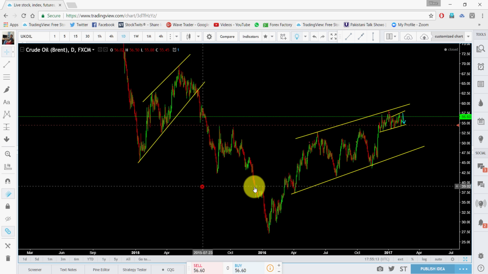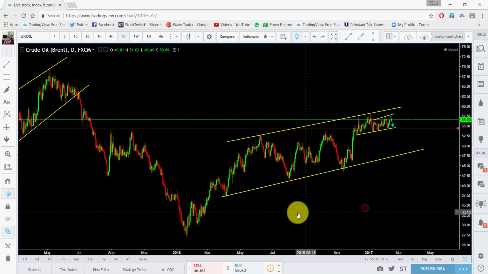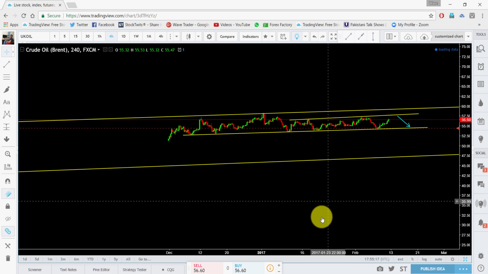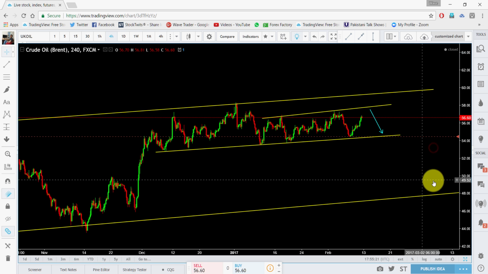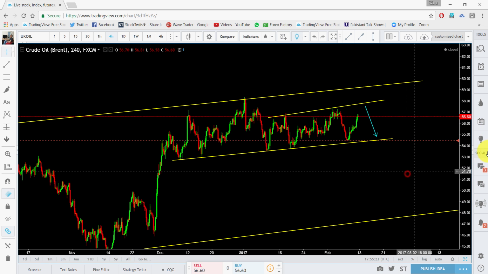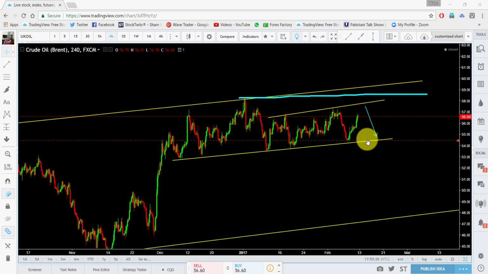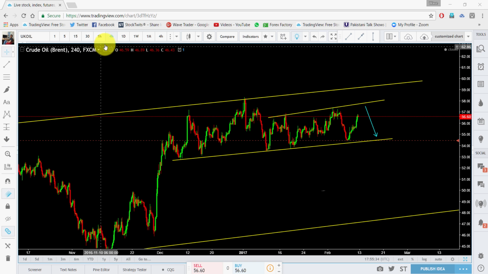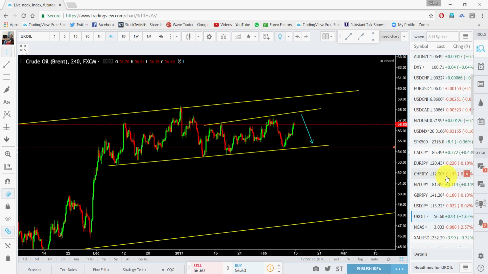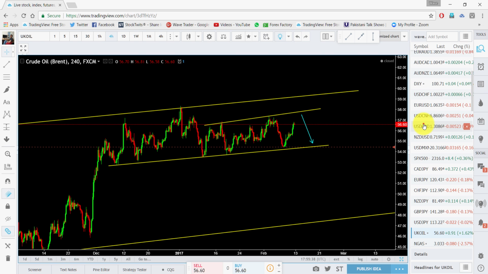But the indications are also not pointing to the upside. Oil is struggling here in these ranges, 58 or around 60. This wave is very much possible, and if so, then USD CAD will of course move to the upside.